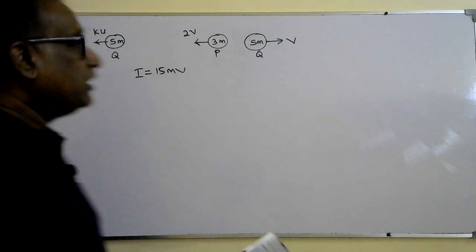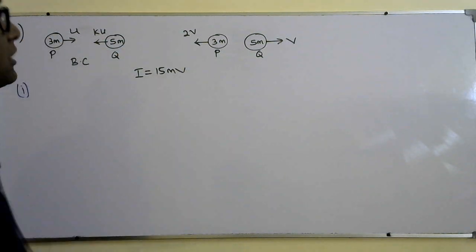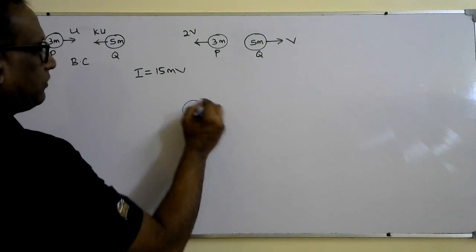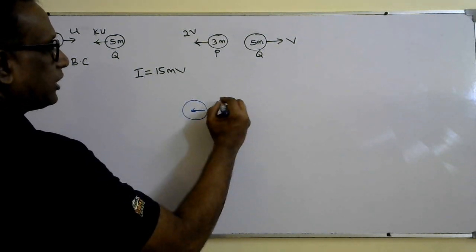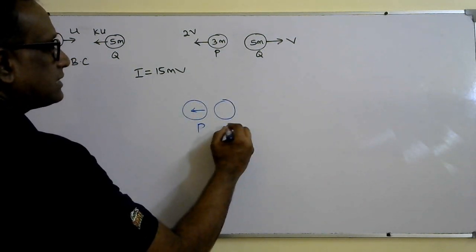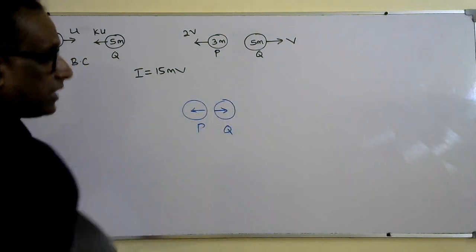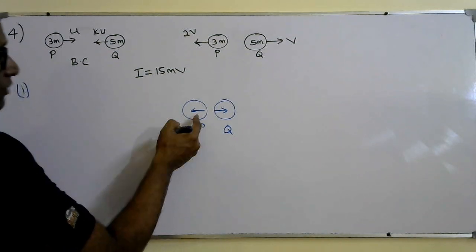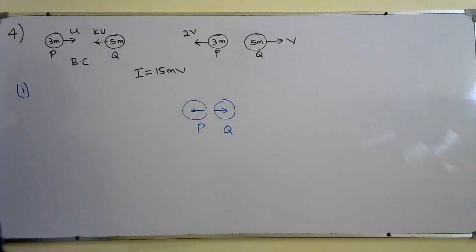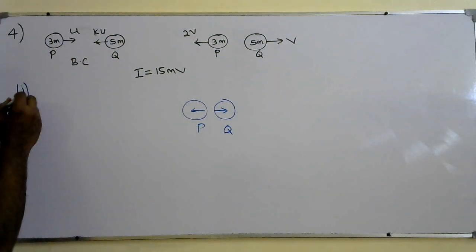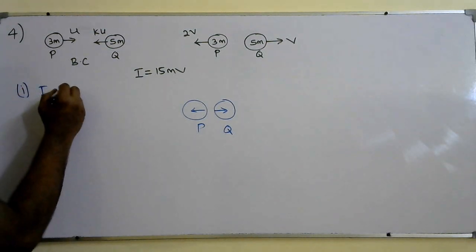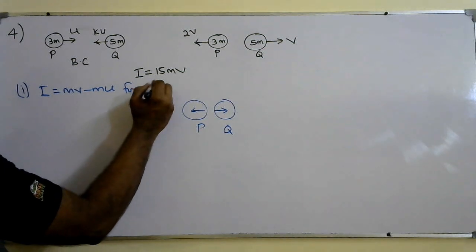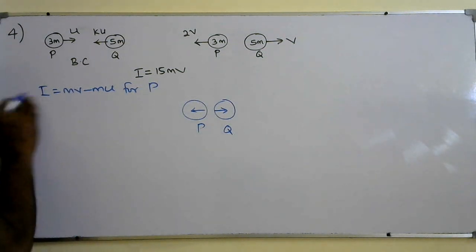To avoid it, we'll do it for particle P. During collision, according to my diagram, P will experience force this way, and Q will experience force this way when they collide. So the impulse on P will be towards the left. I'll use I equals mv minus mu for P. I know that is towards the left.